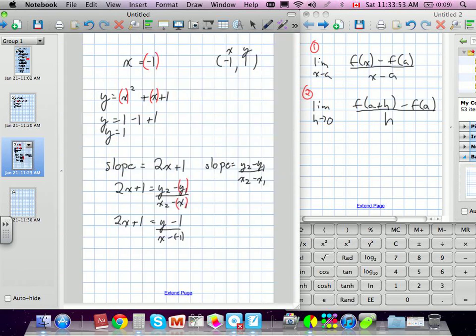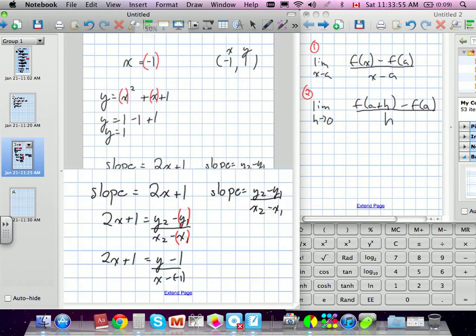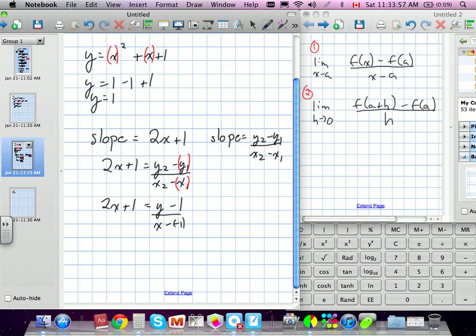I'm going to move this to the other side of the equation. We move it to the other side of the equation. We're going to get x plus 1 times 2x plus 1 is equal to y minus 1. Okay? Now that we have that, we're going to FOIL. So we FOIL everything out here.